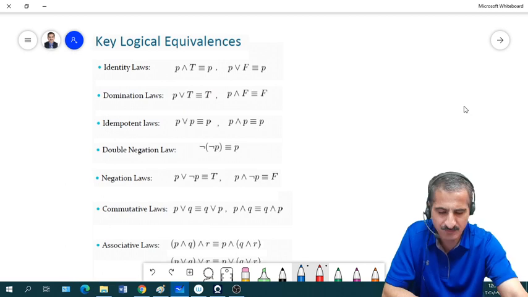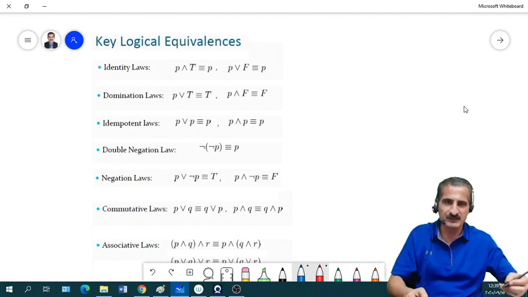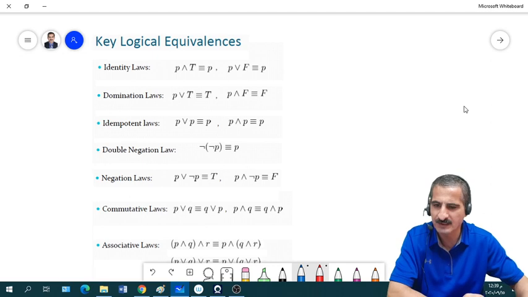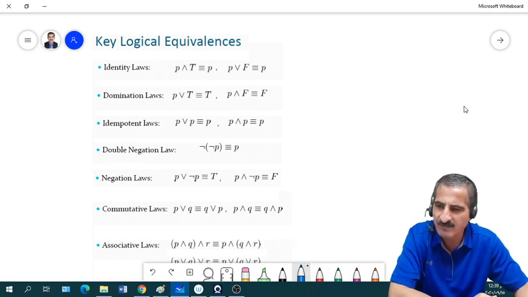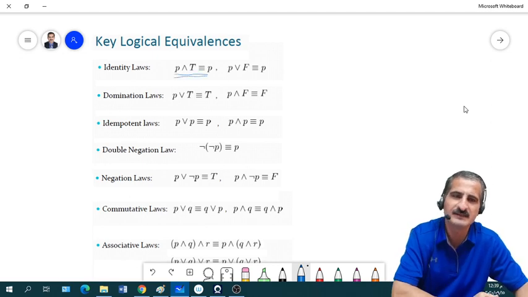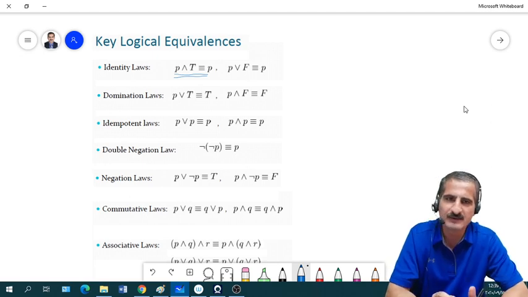According to this method of proof, we can prove many logical equivalences. For example, here, if we have P and true, then the truth value will be the same as that of P. Why is that?